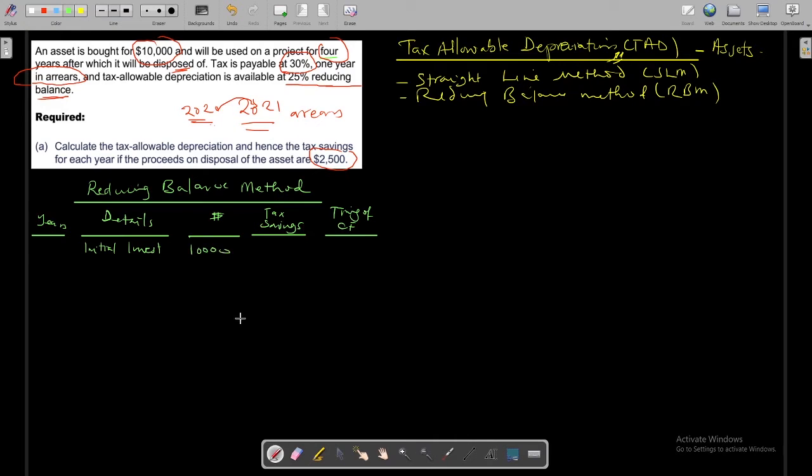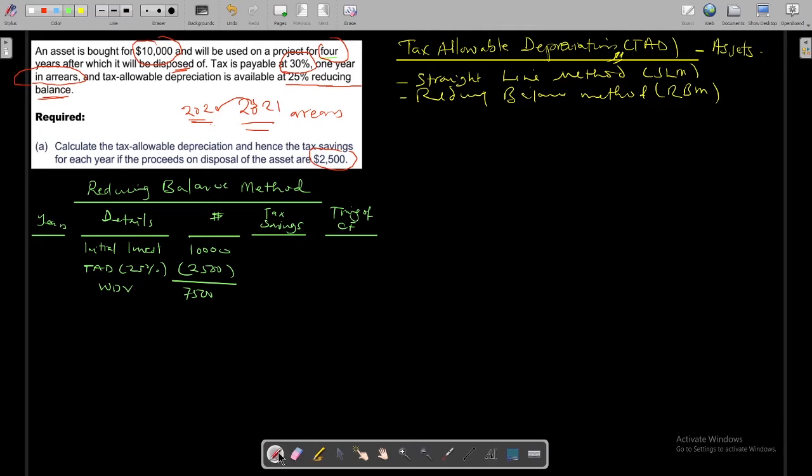On the reducing balance method, the tax allowable depreciation is 25% of 10,000, which will give us 2,500. We subtract it from that, and the balance will give us 7,500. That becomes the written down value. Now, what is the tax savings?